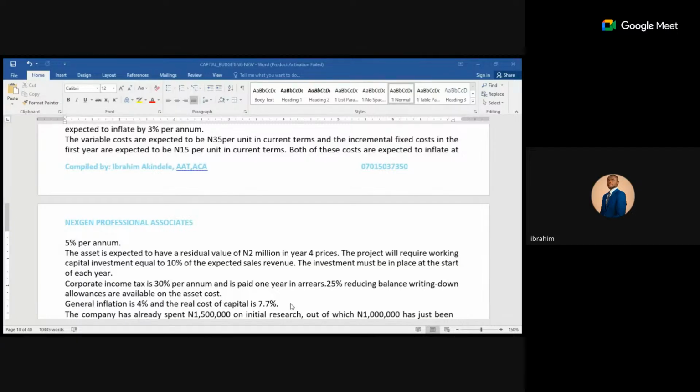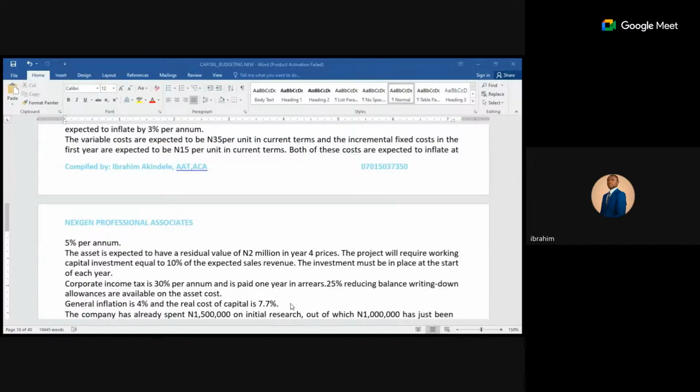Now, the project will require working capital investment equal to 10% of the expected sales revenue, meaning that when you do your sales, your revenue, for you to get the working capital, you have to take 10% of the expected revenue. And don't forget, working capital will always start at year 0.